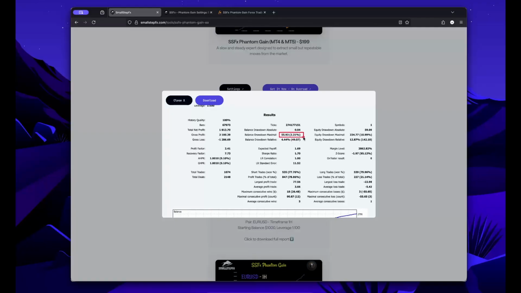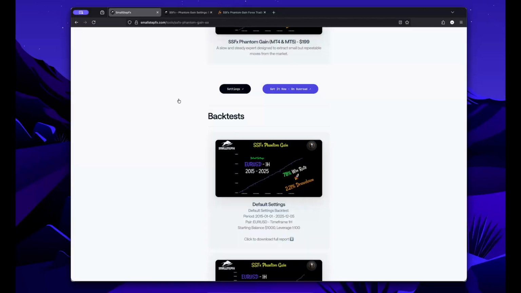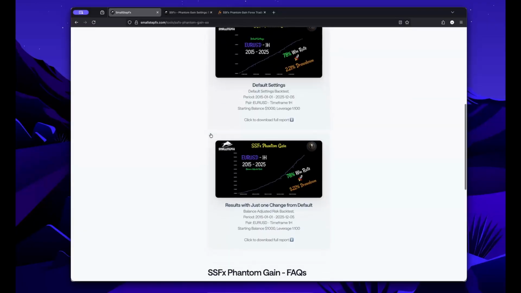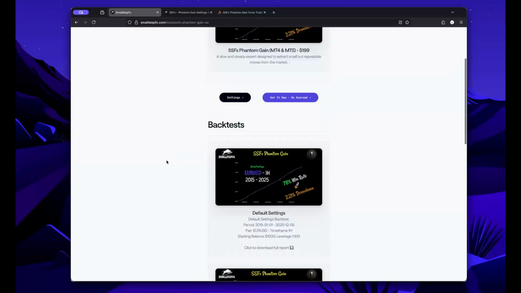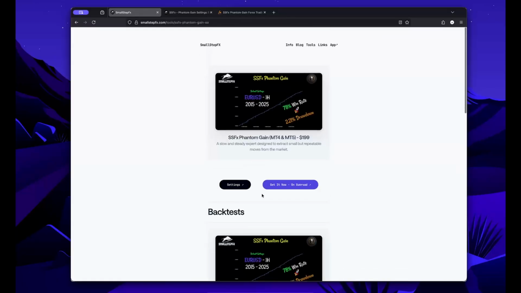It had a drawdown of 2.21% on the balance, but equity was at 10%, but it made a total net profit of $1,813, bearing in mind it started out with a balance of $1,000. This is pretty good, and on average, based on the second settings, it makes around 2% or above in a month. Bearing in mind that was the target I was working with, this was great for me.